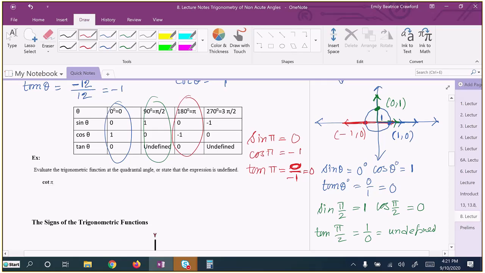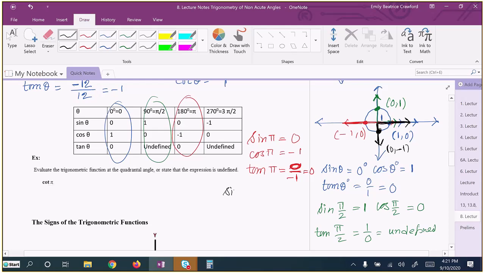And finally, we do the quadrant angle 270 degrees, which is here. That's the terminal side. Initial side is still the same. And this time the point on the unit circle will have the coordinates of 0, -1. These are the coordinates.